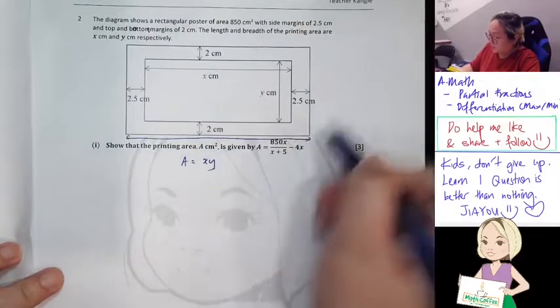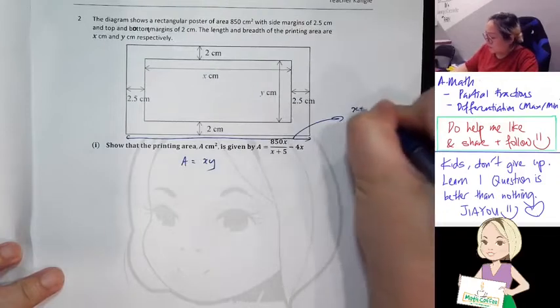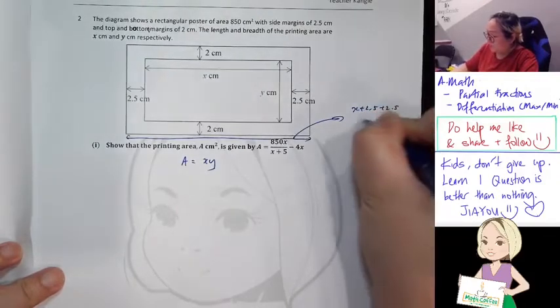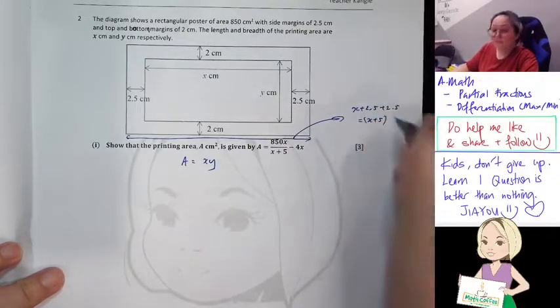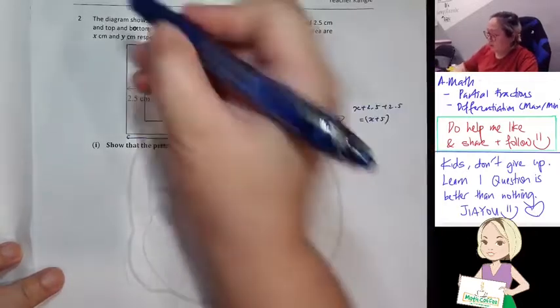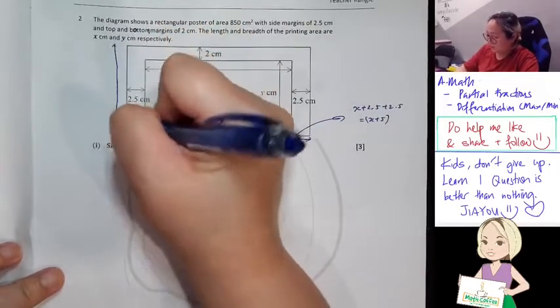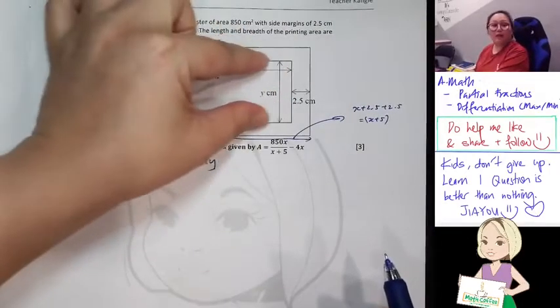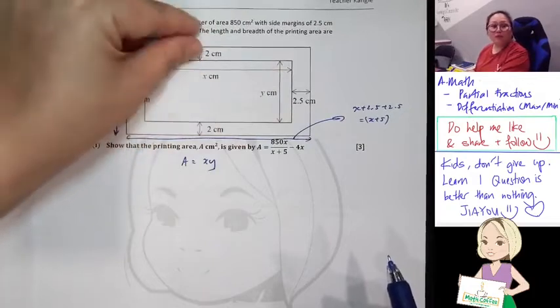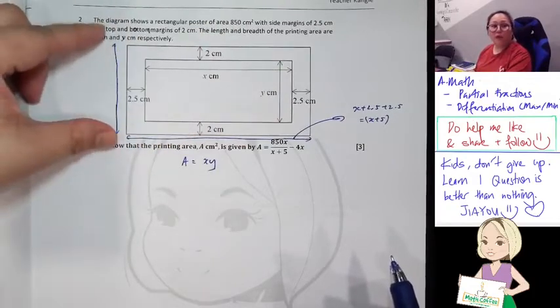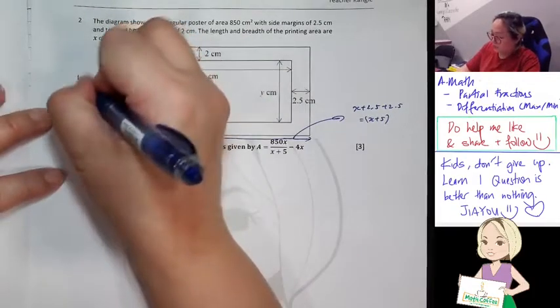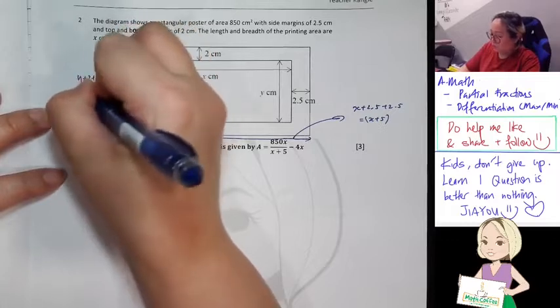We will know that it will be x plus 2.5 plus 2.5, which will give us x plus 5. The breadth will be from here to here. We know the inside breadth is y. 2 cm means this will be y plus 2 plus 2. So this side is y plus 4.